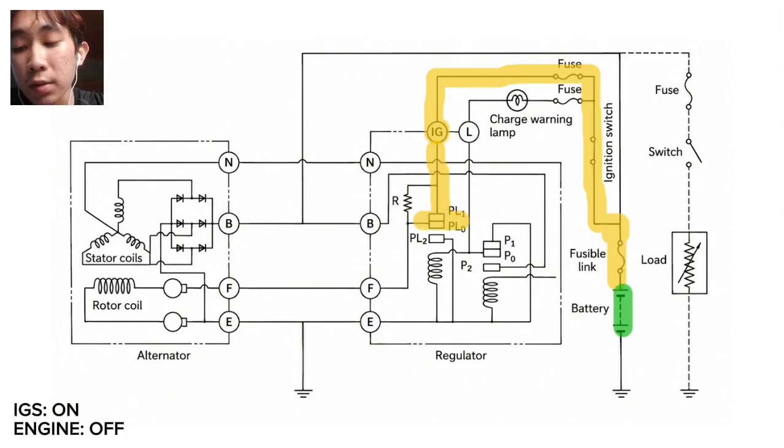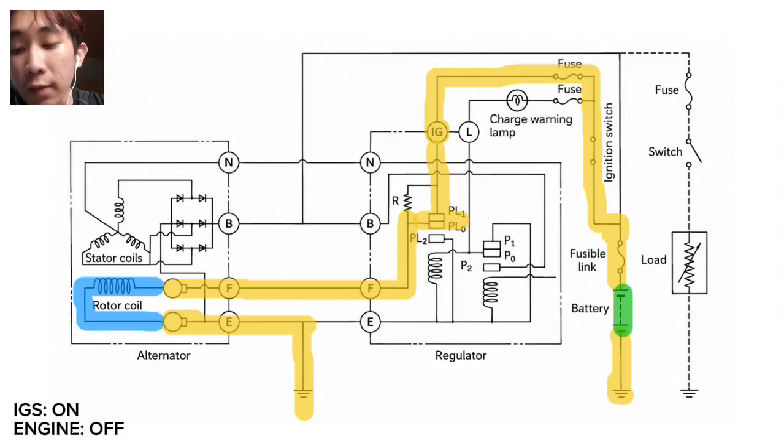In continuation, from the IG terminal, PL1 and PL0 flow into the F terminal of the regulator and to the F terminal of the alternator through the brush and slip rings to the rotor coil and back through the brush slip rings to the E terminal of the alternator and into the ground or earth.